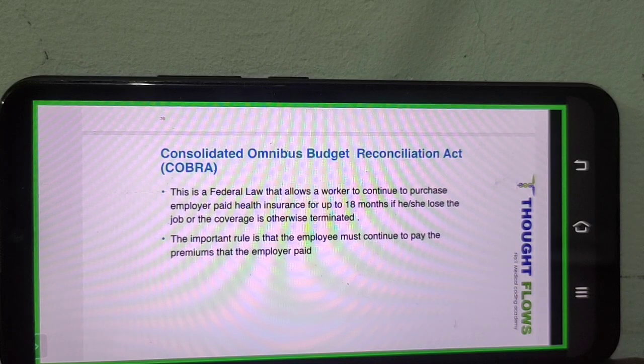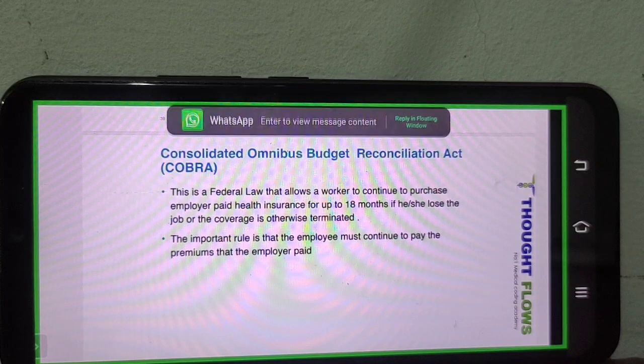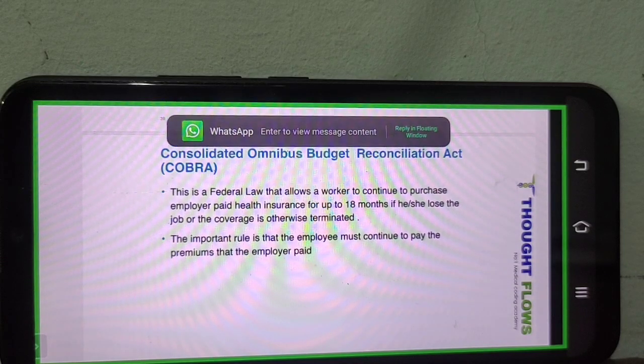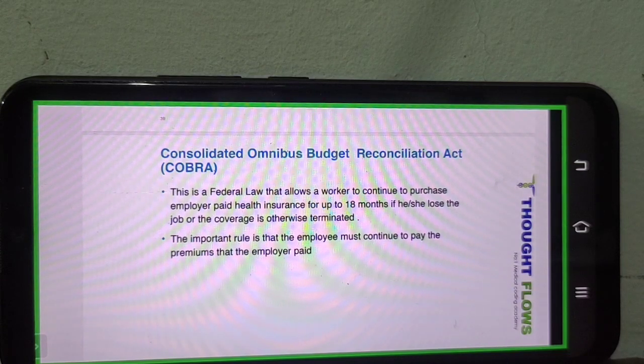As per our federal rule, the worker can continue to take the service under the ESI policy for up to 18 months if they lose their job, or coverage is otherwise terminated.